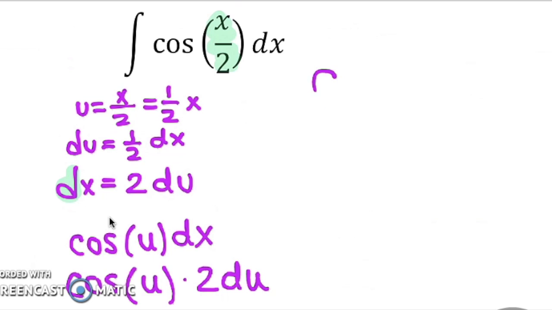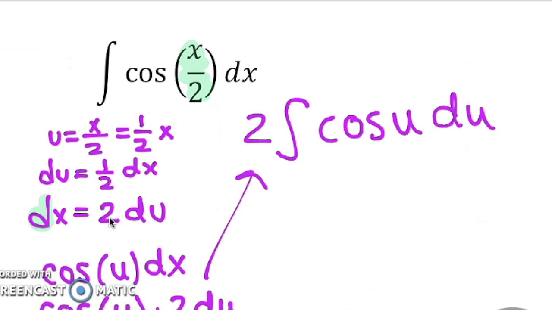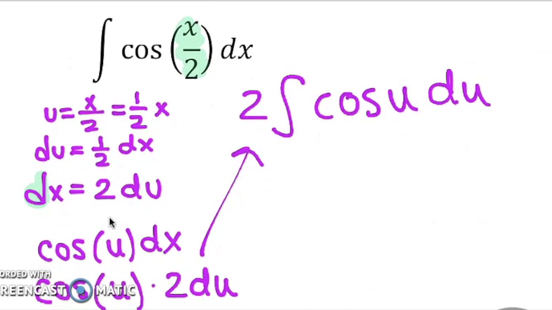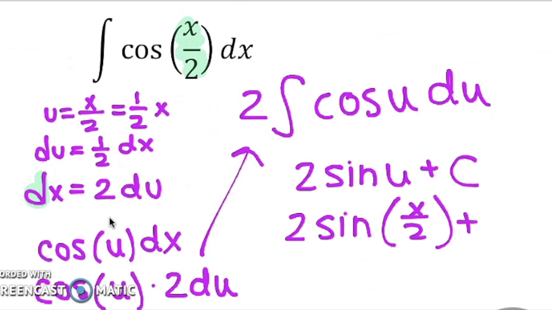So this is going to be the integral of that. Plug that in there. I'm going to just bring the 2 out front. So it's cosine of u du. What has a derivative of cosine? Sine does, so this would be 2 sine of u plus c, which is 2 sine of x over 2 plus c.